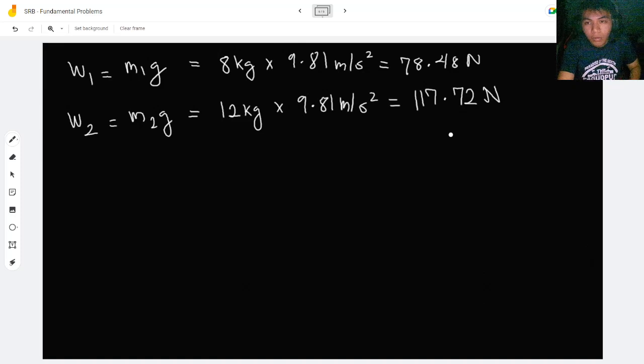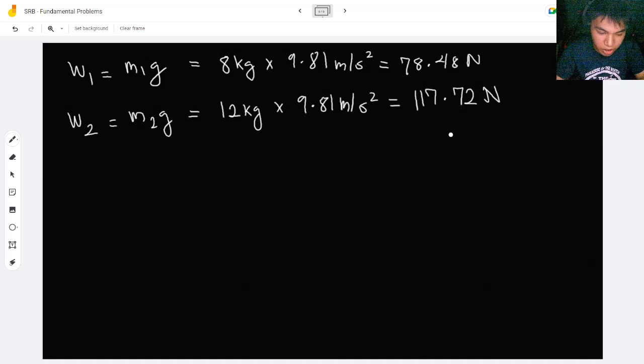Okay, now how exactly are we supposed to compare these values? So that would be by getting the ratio of weight 1 to the force of gravity acting between the two objects, the two bodies, the two particles, and it's the same for the second one.